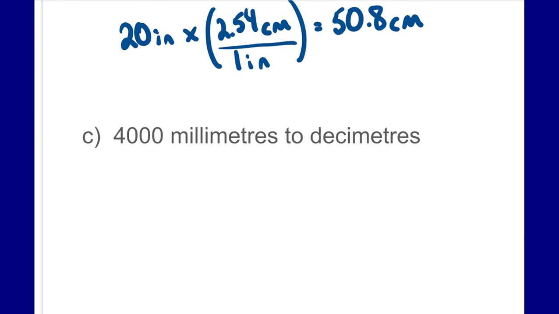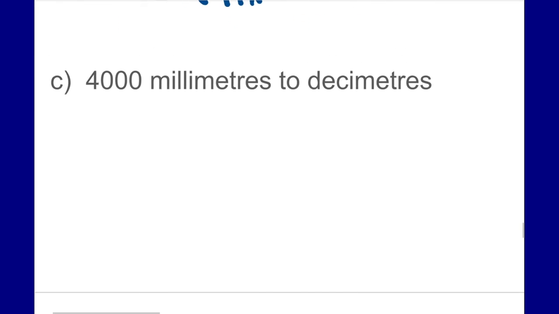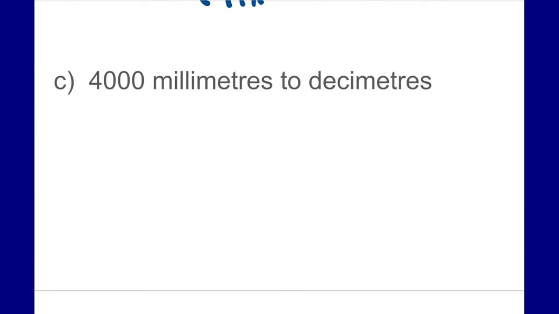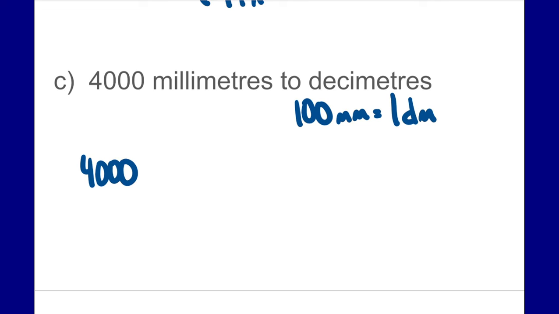For C, 4,000 millimeters to decimeters or decameters. So here we need to know a unit rate. The unit rate that will be given is that 100 millimeters is equal to 1 decameter. Now we have to use our general formula. Start with the units we have, so 4,000 millimeters.